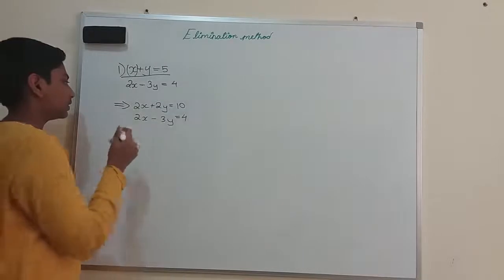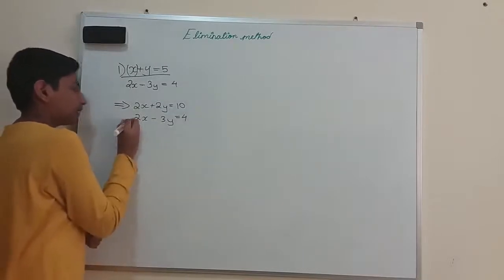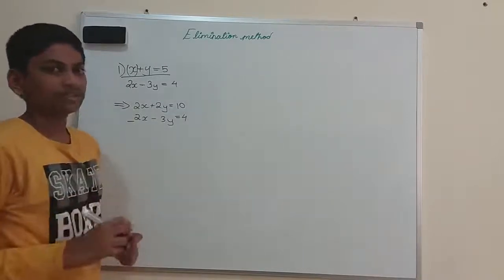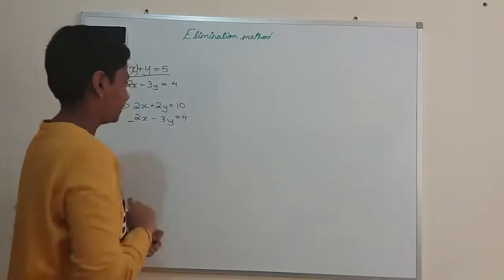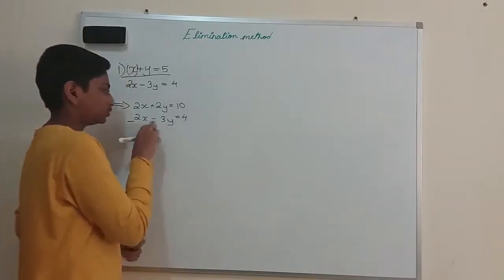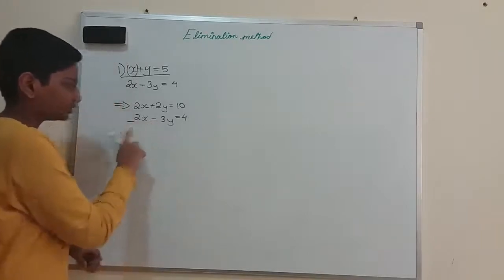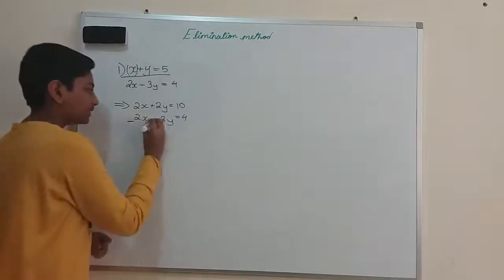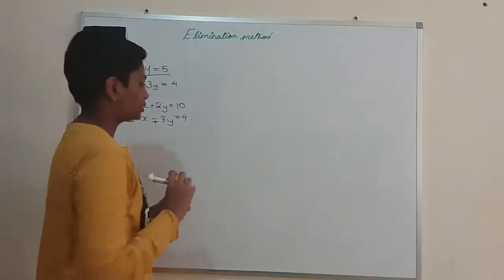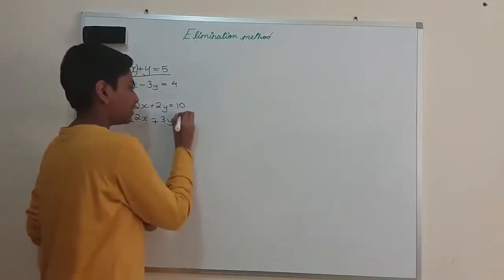Here it is positive, so I'll multiply it by minus 1, and I should multiply the whole equation. So minus 1 into 2x gives minus 2x, minus 1 into minus 3y gives plus 3y, and minus 1 into plus 4 gives minus 4.